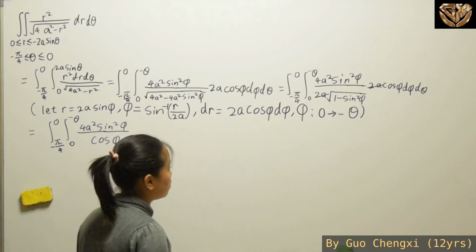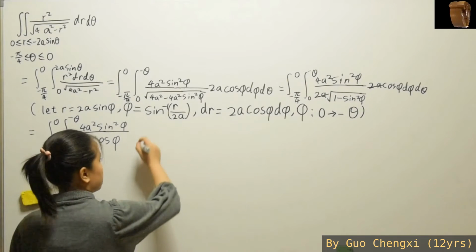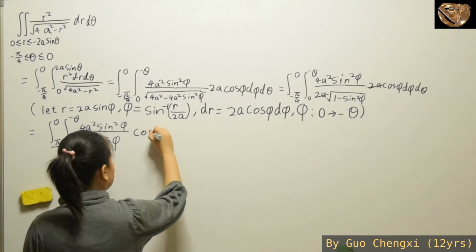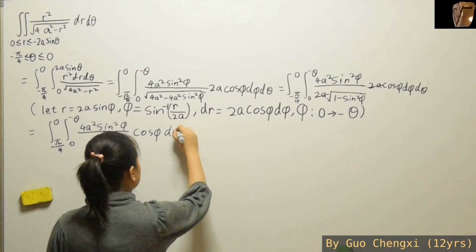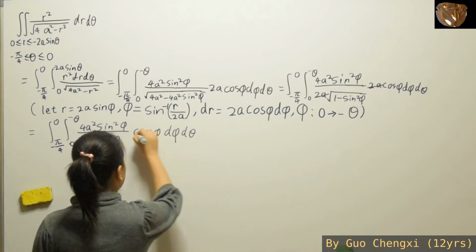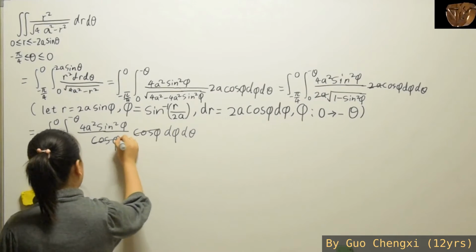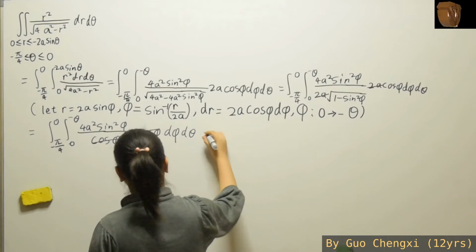Since it's a square root, you're just going to end up with a cosine phi. Here you also have a cosine phi, which we can simplify.